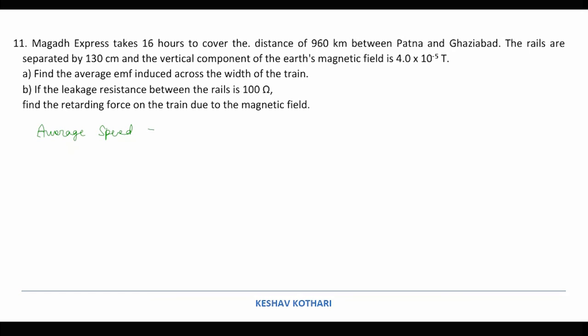The average speed of the train can be written as 960 upon 16. This will be in kilometer per hour and we can convert it into meter per second, and the value is obtained as 16.67 meter per second. So this will be treated as V.